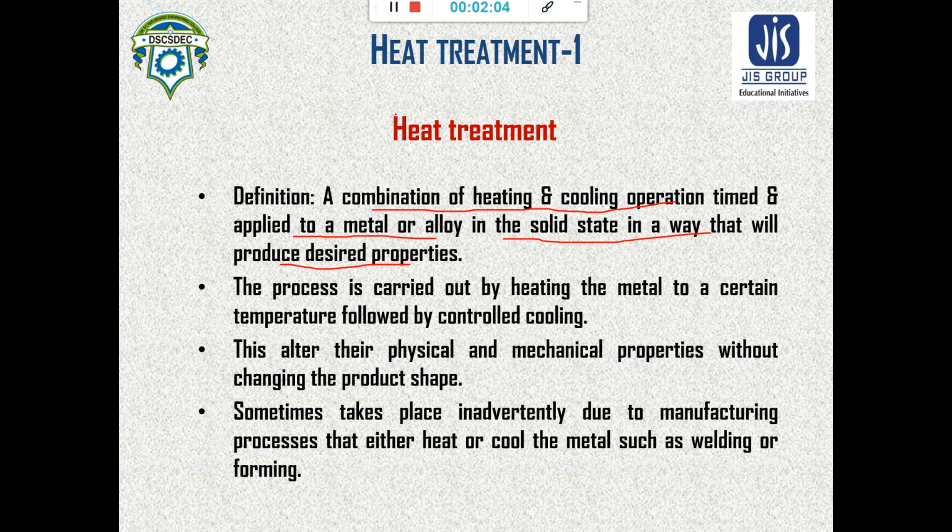Now, in the last lecture we have seen about the iron carbon diagram. In that, we have seen that at various temperatures, the properties and the carbon solubility of the iron are different. So that is the key, that we can heat treat the material so that we can achieve our desired property.